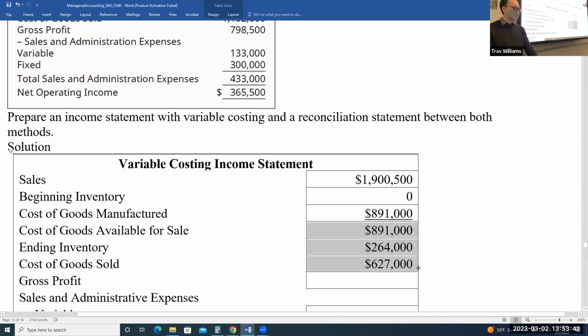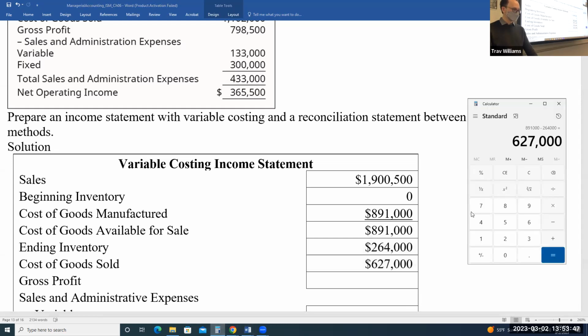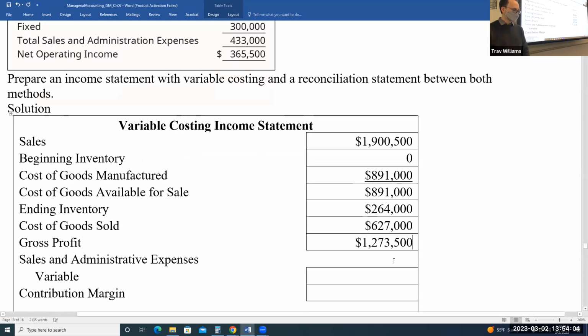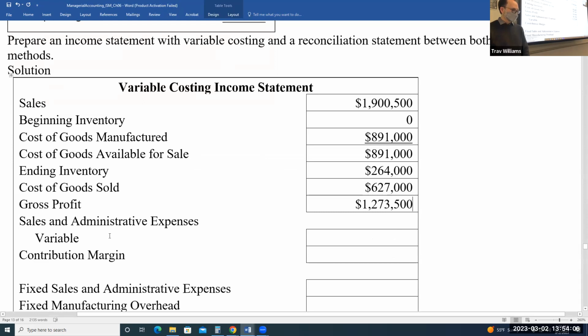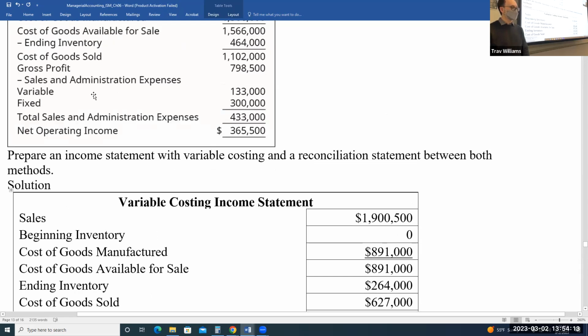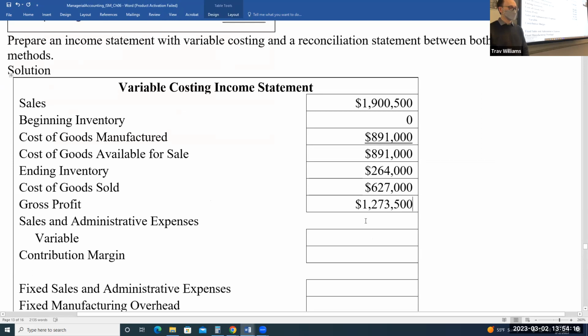Okay. All right. So then let's see, gross profit. How do we get that again? Sales minus cost of goods sold, 1,273,500. Okay. We're also going to take out our sales and administrative expenses that are variable, which is 133,000.